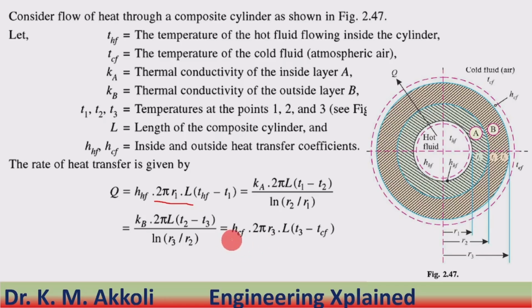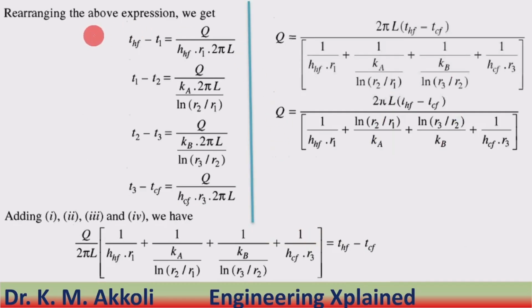And this is the convection heat transfer from the outside surface to the outside fluid: the heat transfer coefficient multiplied with the outside surface area, 2 pi R3 L, multiplied with the temperature difference between the outside surface and the outside fluid. And these are the heat conduction equations. And these are simplified again, rearranging the above equations for the temperatures.